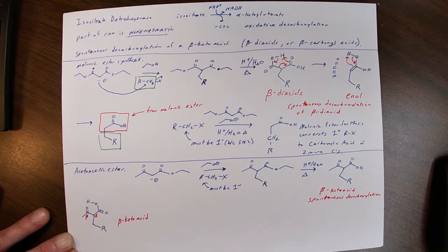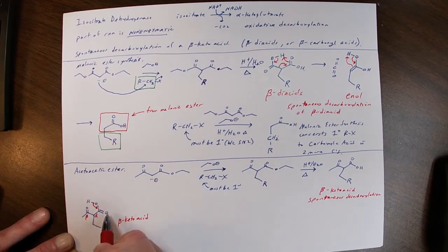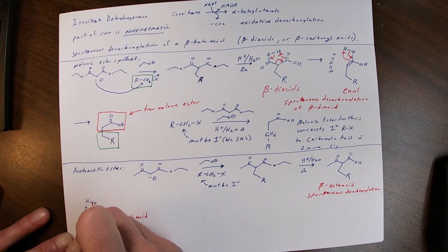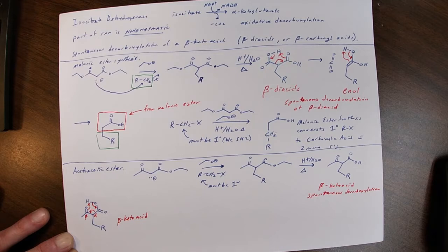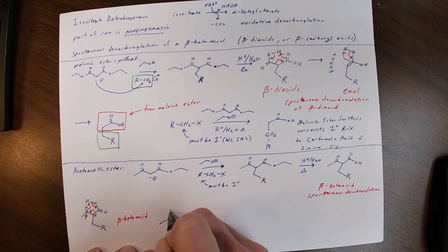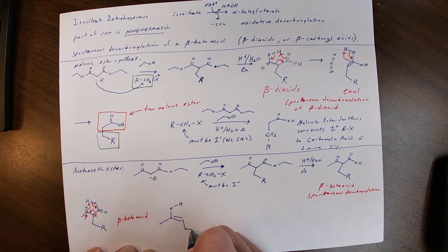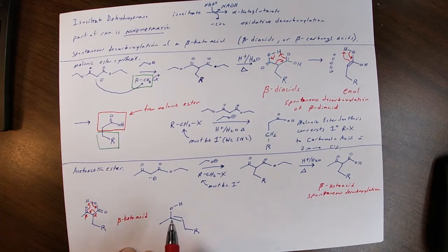All right, so again, if this is going to spontaneously decarboxylate, I bring in this electron pair to make my carbon dioxide. This electron pair has to go somewhere. It's going to go right here, and then this is going to pick up the proton. Okay, so now, again, I'm trying to draw all this stuff in the same orientation. My double bond is there. I have my enol. And the enol will tautomerize to the ketone.